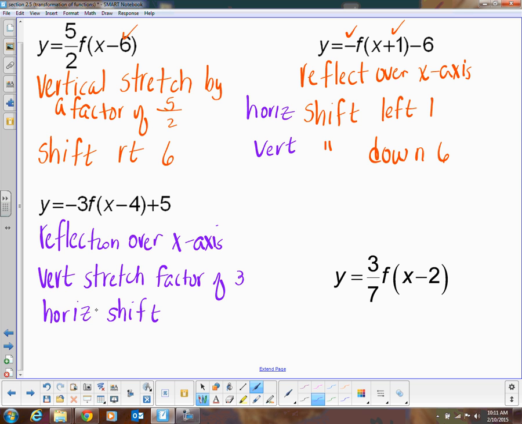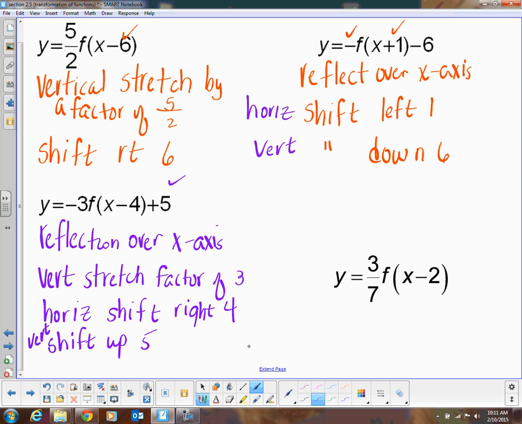All right, I'll accept either. Horizontal shift what? I definitely want left and up and down. Right 4. And then what does that say? That would be a shift. I like that. Vertical shift up 5. I would rather have left, right, up, down than horizontal, vertical if you have to choose.